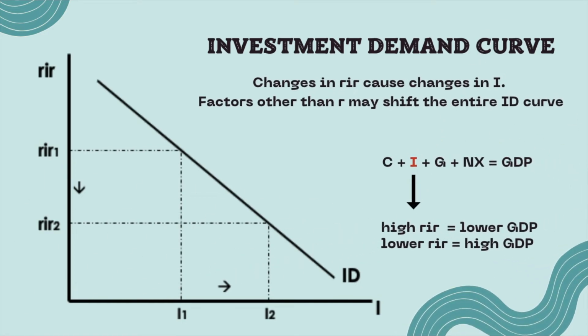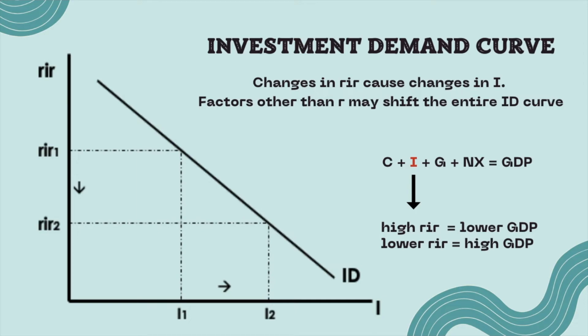Now we can see this more clearly if we go to the investment demand curve. So here is the investment demand curve. The quantity demanded increases as the price falls. The same is true for investment demand.